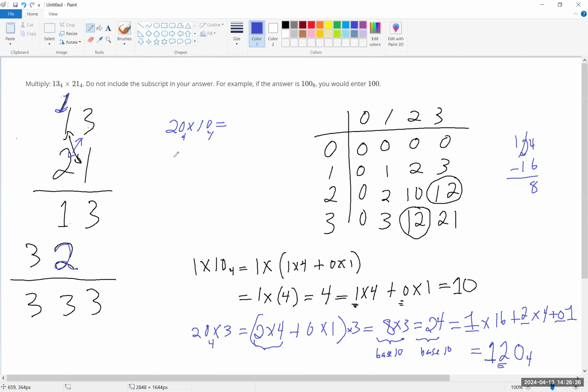Now 20 base 4 is 2 times 4, and the other digit is 0 times 1. And we're multiplying that by 1 times 4 plus 0 times 1.